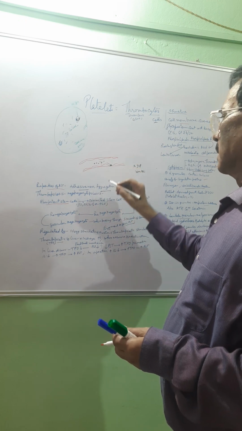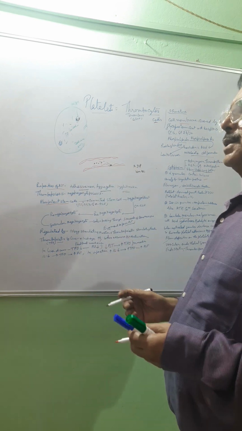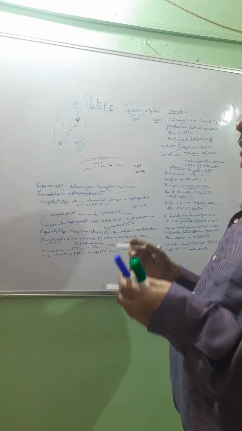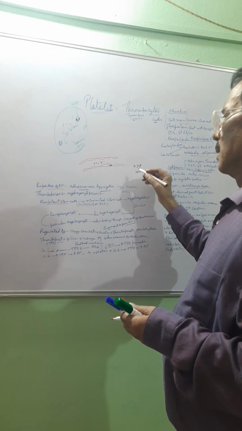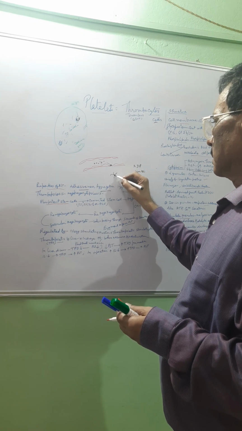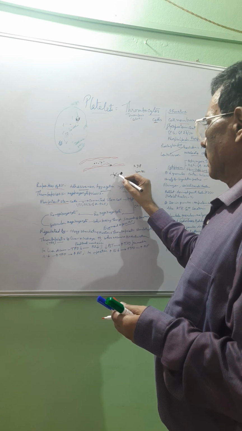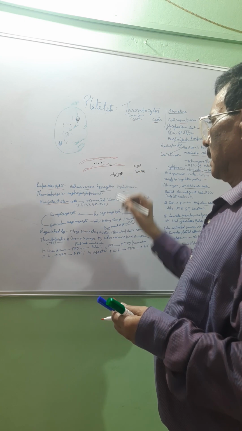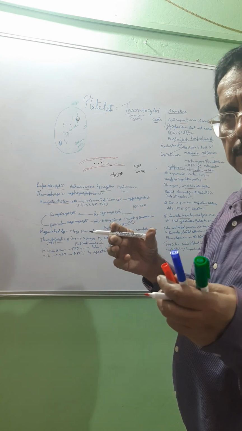After this, activated platelets form pseudopodia-like structures. The pseudopodia spread from here and activate another platelet, and that becomes activated. This is aggregation, between the same things.